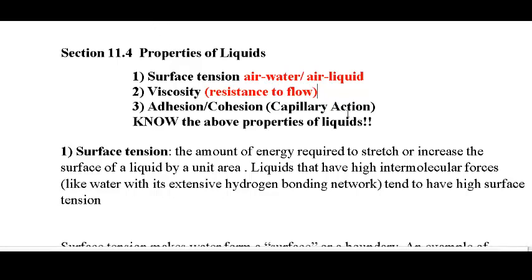The third and fourth I sort of combined, adhesion and cohesion. So this is responsible for capillary action, water or any liquid being sucked in a little bit, and also giving rise to what is known as a meniscus. So the meniscus is really how we measure, the proper way we measure volume. That has to do with the liquid molecules adhering or cohering with the glass of your container.